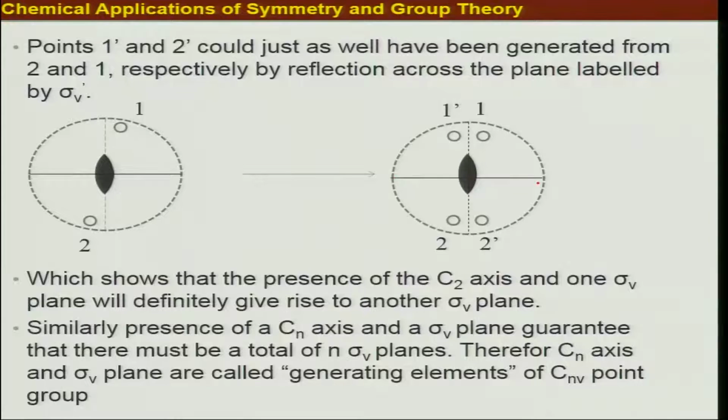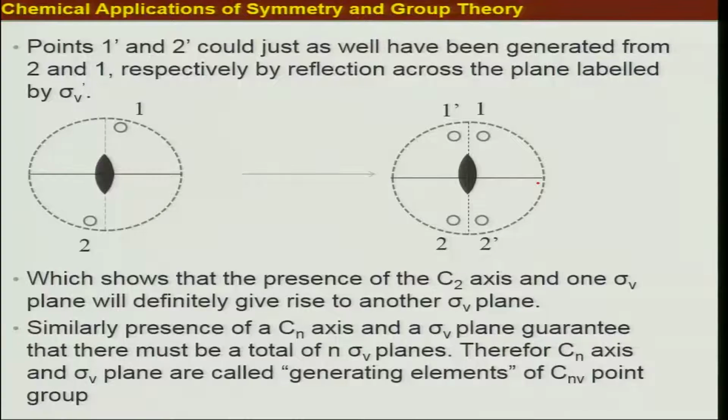So from this example you also find out that the presence of a C2 axis and one sigma v plane will definitely give rise to another sigma v plane. No matter what, this is true. If you have one C2 axis and one sigma v plane, there will be another sigma v plane.